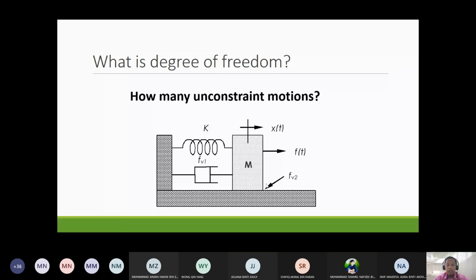So here there is only one thing that is able to move, which is the box, either forward or backward. So this system is a single degree of freedom. Later we will see a 2 degree of freedom system and multiple degree of freedom systems, and we will see how we can identify the number of degrees of freedom for the system.